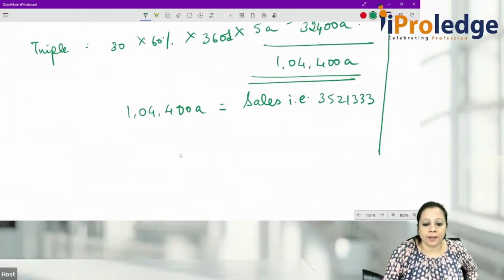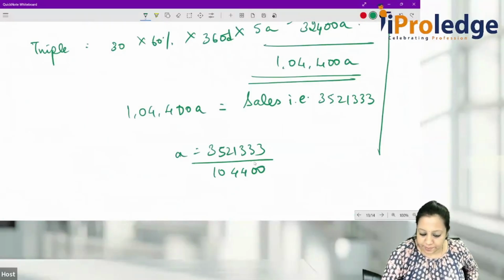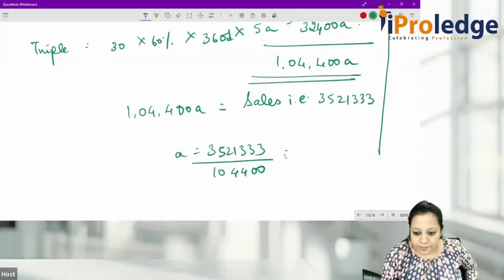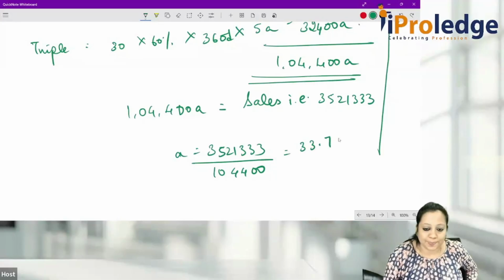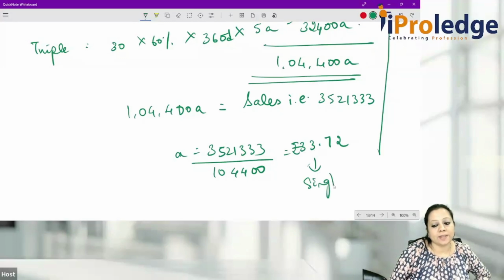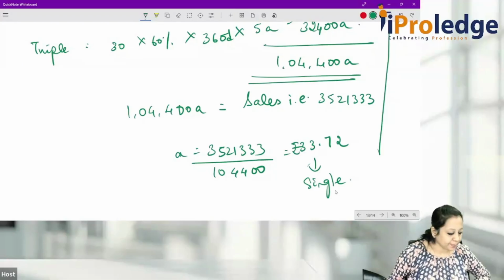So A is equal to 35,21,333 divided by 104,400, which is 33.72. Right. That means this is for single occupancy. For double, we have to do into 2.5.